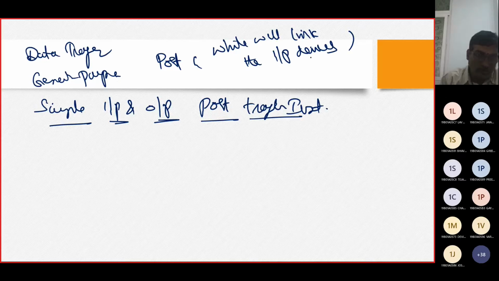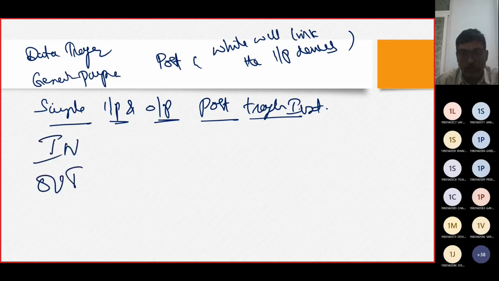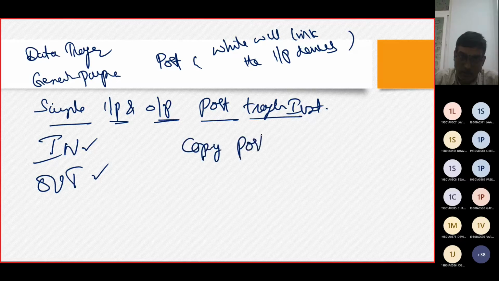So we have the in and the out instructions. To deal with port transfer instructions, we are going to use the in instruction and the out instruction.